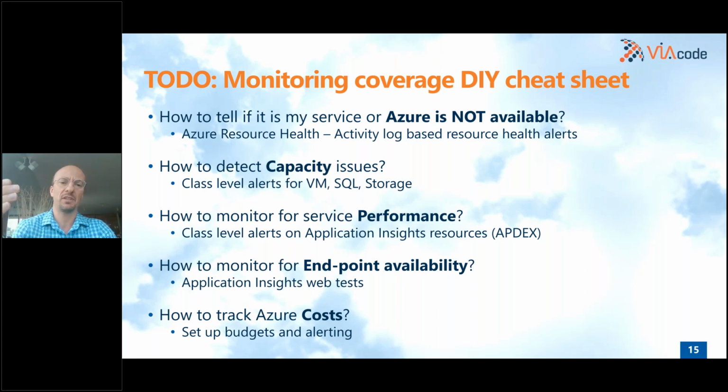So from your perspective, it is more or less unavailable for your users. While from Microsoft's perspective, it's perfectly fine and healthy because Microsoft adhered to its SLA, providing you with 250 DTUs. So it's very important to understand that it is still your responsibility to implement capacity monitoring.